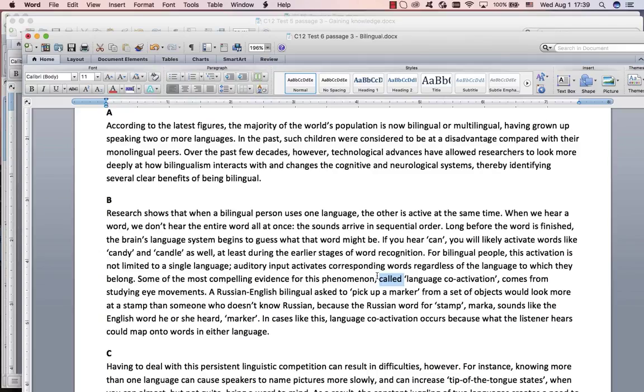When you see that the writer introduces a new term, sometimes he may put it in inverted commas, sometimes he may not. But when he said this is called, or this is termed, or this is known as, or any similar language, and he introduces this new language that the normal person doesn't know, you must pay particular attention to that, because IELTS loves to target those for their questions.